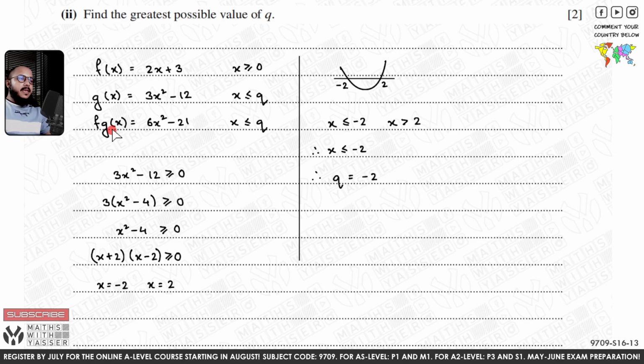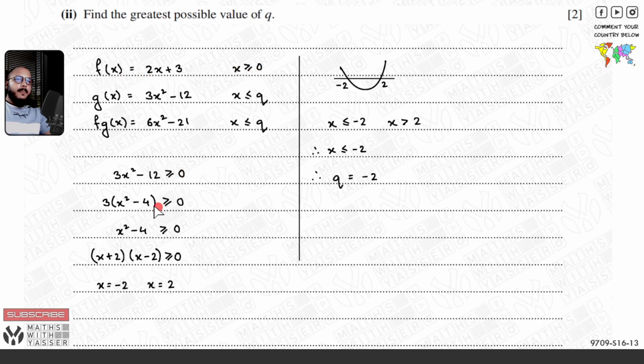That means the equation of g(x), 3x squared minus 12, must be greater than or equal to 0. That is the input of f(x).